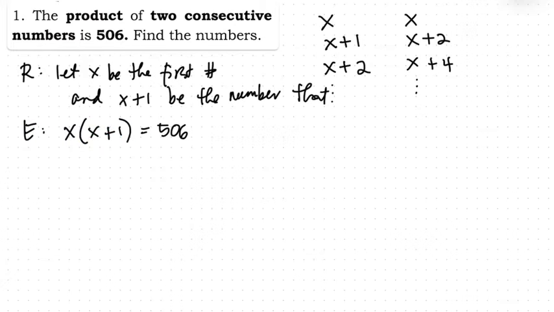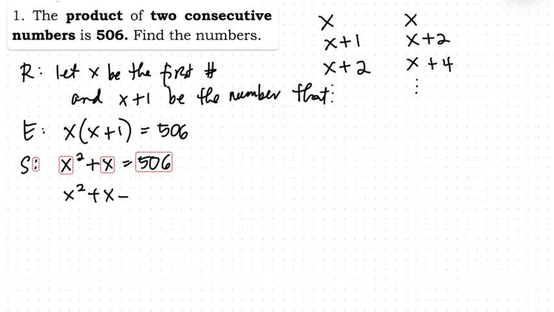Okay? So that is now our equation. So ang solution natin, syempre, solve na natin yan. Gagawin natin siyang quadratic. So, we distribute natin si x. And then, ililipat natin si 506. So now this is your equation.